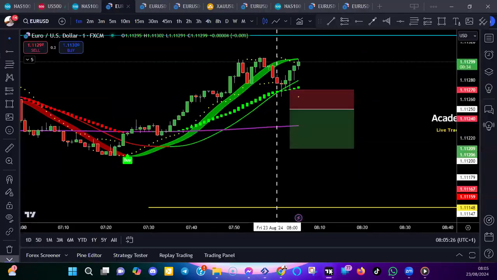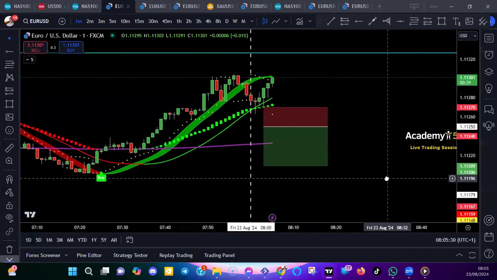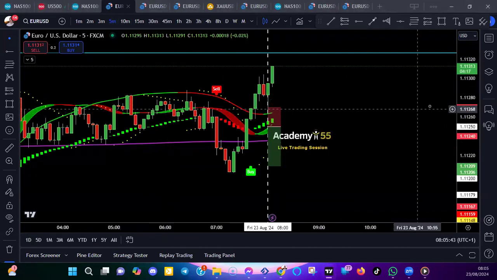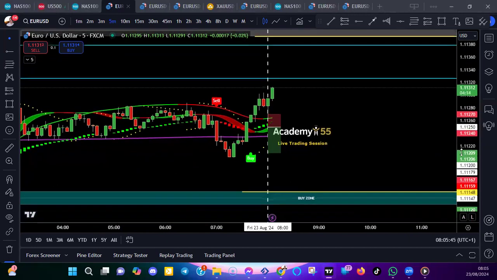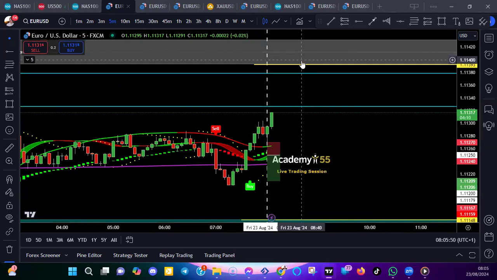I'll put my MT4 now. The sell alert that we did have has disappeared again. And we could be acting on the 5-minute time frame. This is the next sell alert.